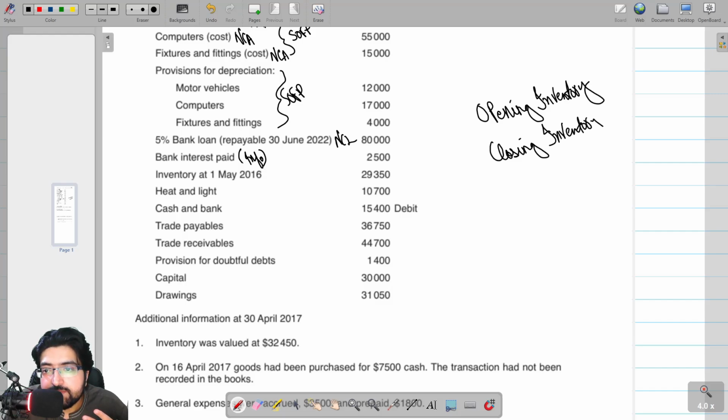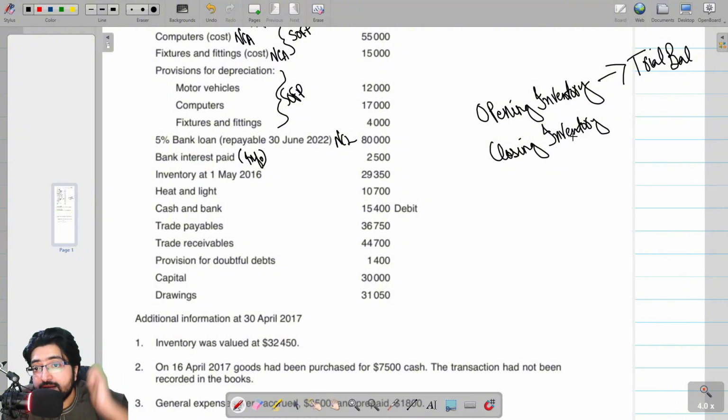Opening inventory is always given in the trial balance. Closing inventory is not given in the trial balance. It is never included in the trial balance because it is already part of opening inventory or purchases, as discussed when I was telling you about cost of sales in, I think, part 1 of Sole Trader. So go through that.